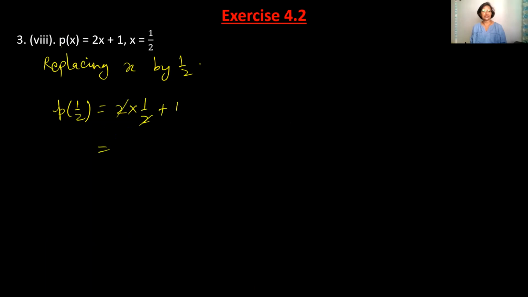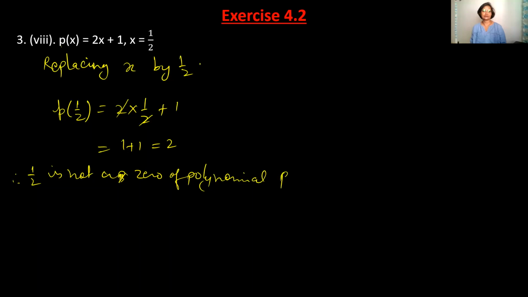So here 2 will be cancelled. So 1 plus 1 will be 2. So this 1 by 2 is not a zero of the polynomial P(x). That you can write.